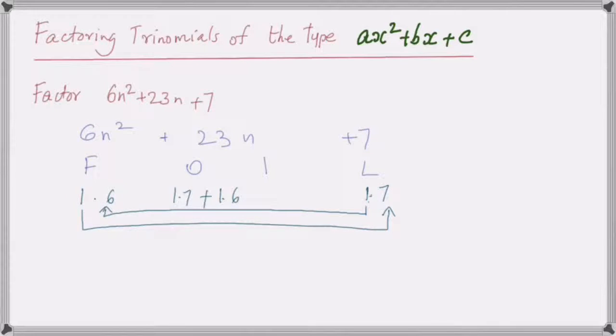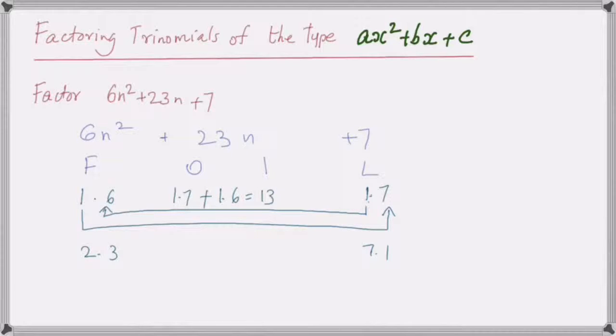And the condition is that the sum of the product of the outer numbers and inner numbers should be 23. So here in this case, 1 times 7 is 7, 1 times 6 is 6. So it's 13. 13 is not equal to 23, right? So we have to keep guessing. So it's not 1, 6 and 1, 7.